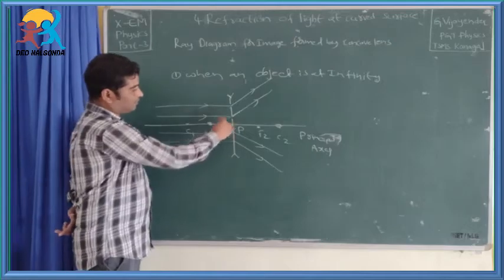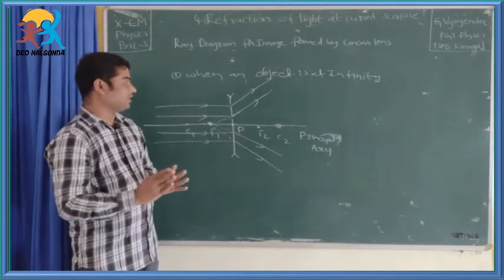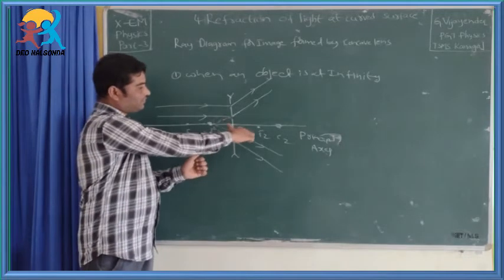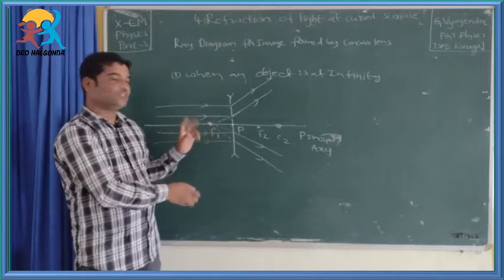Here this image is a virtual image, because the refracted rays do not really converge or diverge. When we extend them, they just appear to meet virtually, so it forms a virtual image.